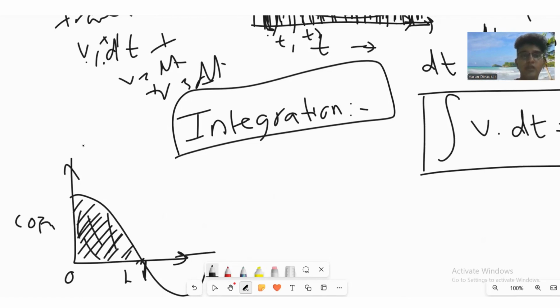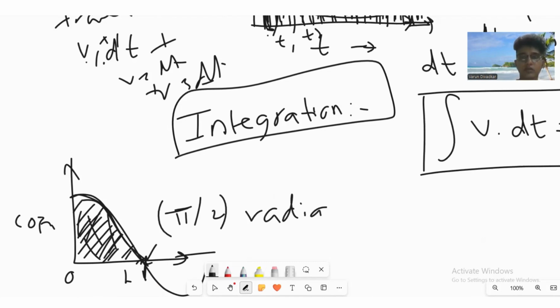That would give you the area under the cos curve, right? So this will be, I think, pi by 2 in radians, or maybe 90 degrees, right?